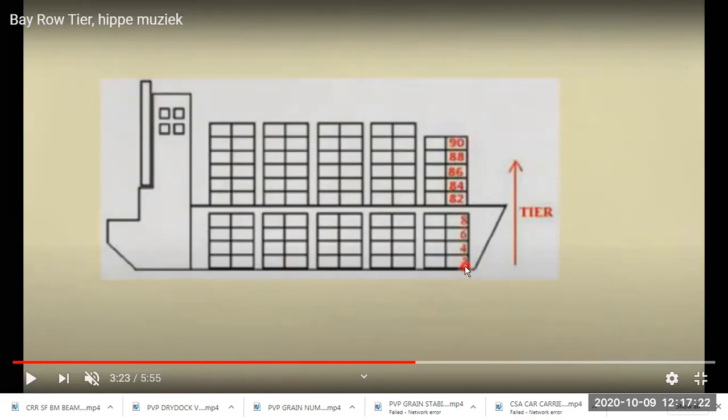So first floor or first layer, or first container, will be numbered as number 2 as per the height. Second floor or second height of container is 4th tier. Third height of container is 6, like that. It will keep on going in the hold. And on deck, first height of container is 82, second height 84, and like this it keeps on increasing.